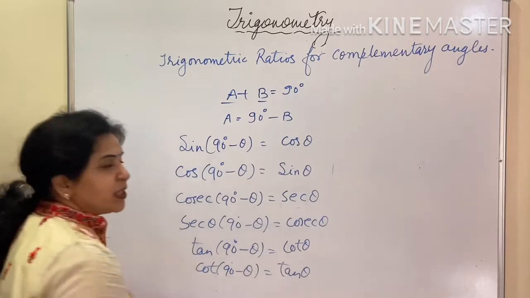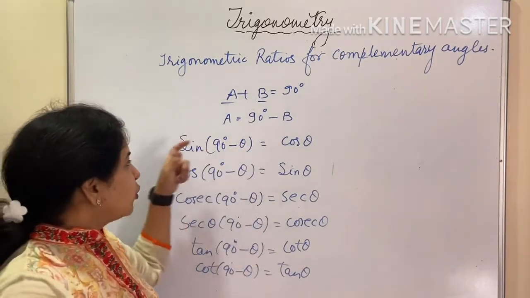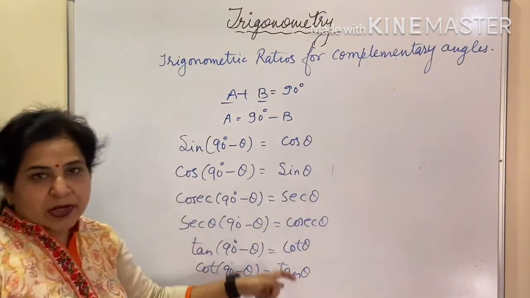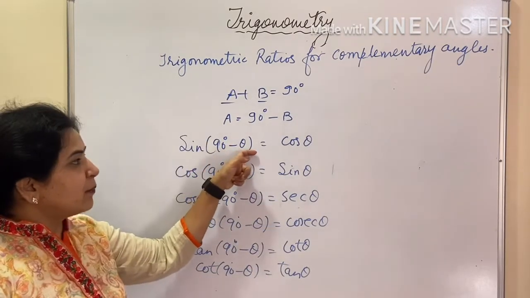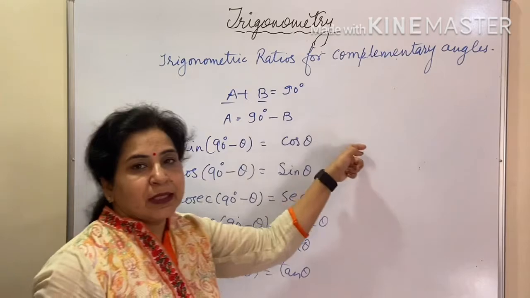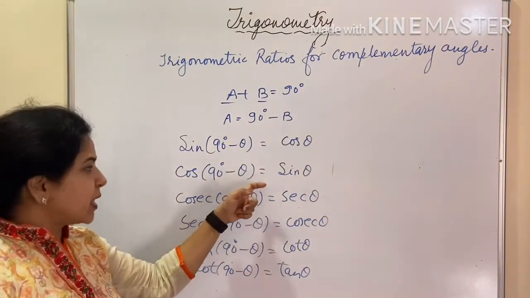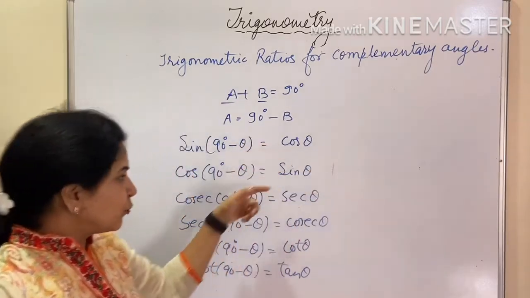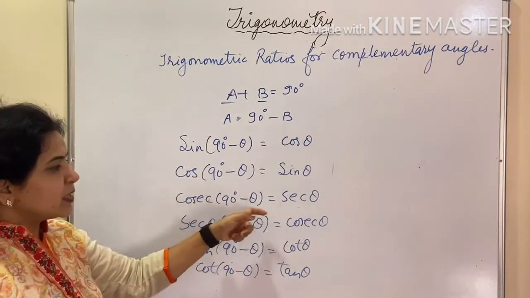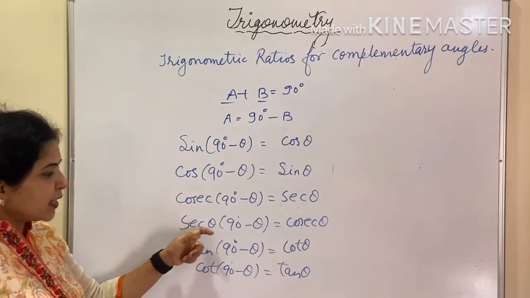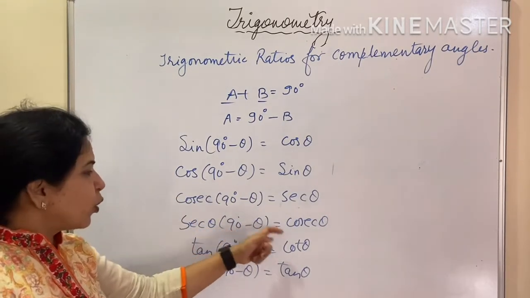You can remember these formulas. You have to apply co or you have to remove co for complementary angles. Like sin 90 degree minus theta is cos theta. Co we have to put, and cos 90 degree minus theta is sin theta. Remove the co. Now cosec 90 degree minus theta is sec theta. Co removed. Now sec 90 minus theta is cosec theta.